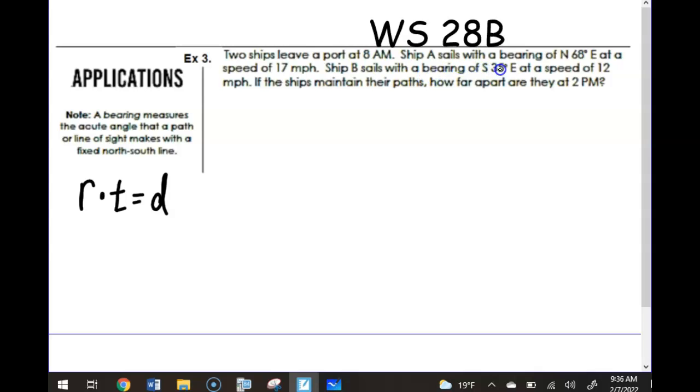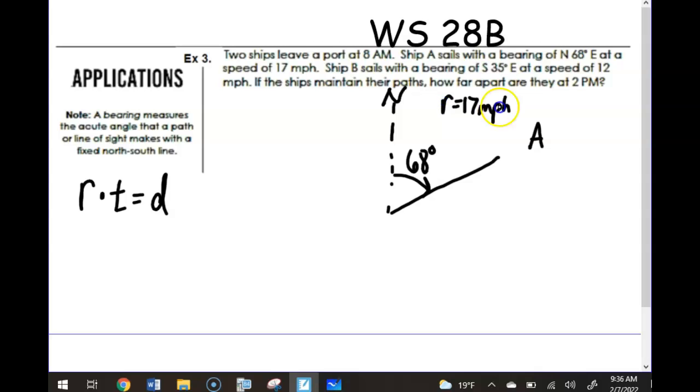All right, ship A sails with a bearing of north 68 degrees east. That means off of north. This ship was sailing off of north 68 degrees towards the east, at a speed of 17 miles per hour. This is ship A, and its rate is 17 miles per hour.